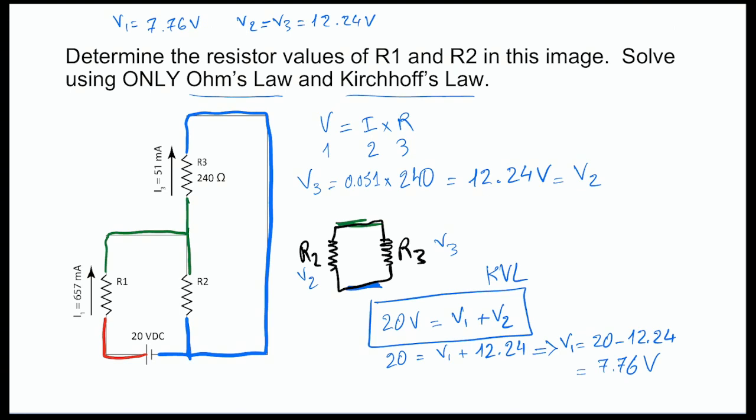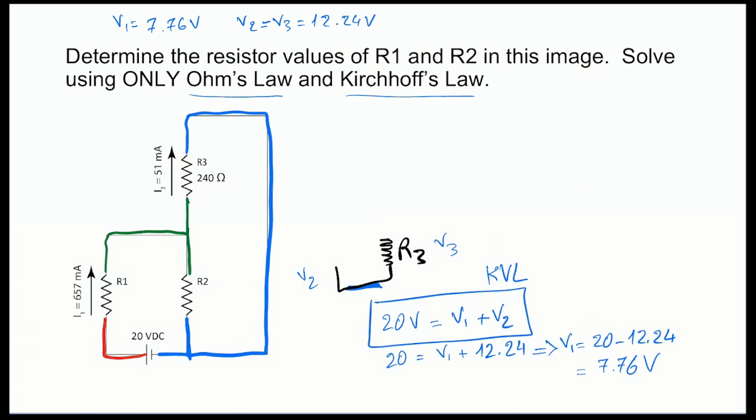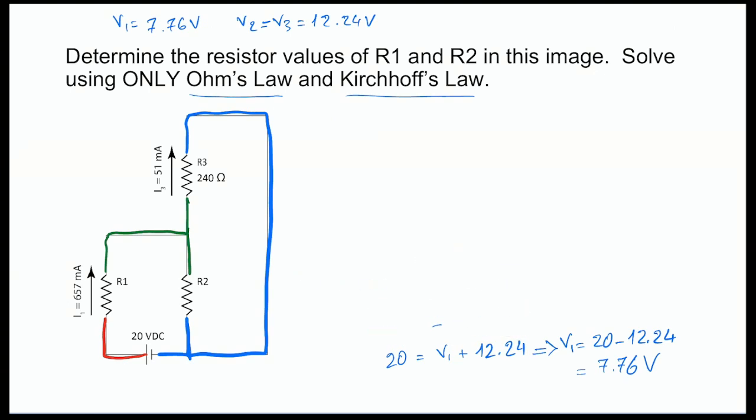Now, if you just remove everything from here, you can notice that we can literally calculate the value of R1. R1 can be calculated from Ohm's law, being equal to voltage 1 divided by the current I1.